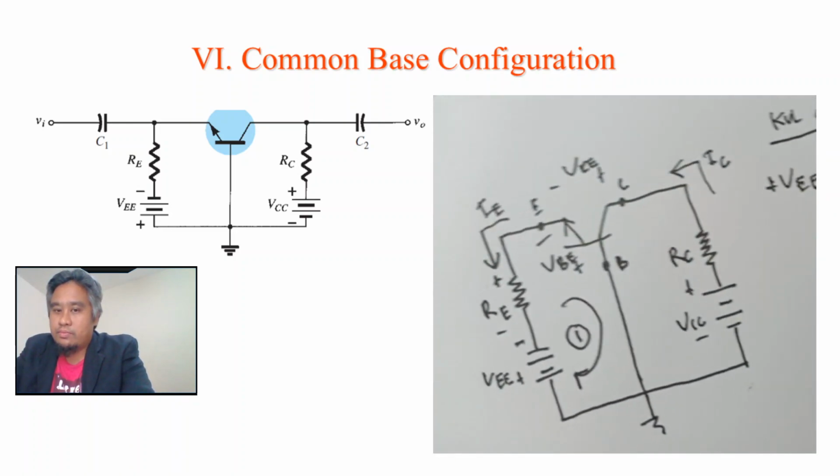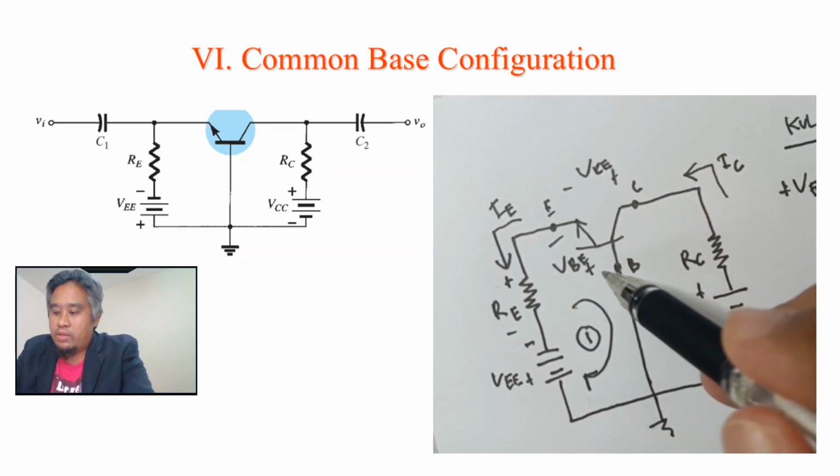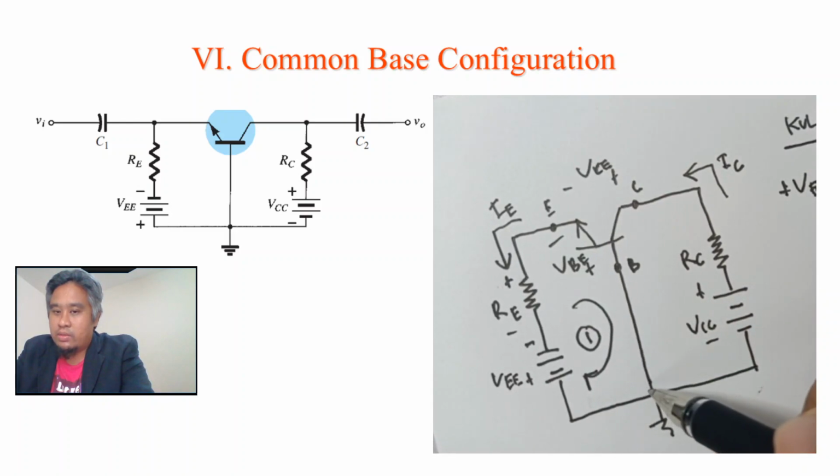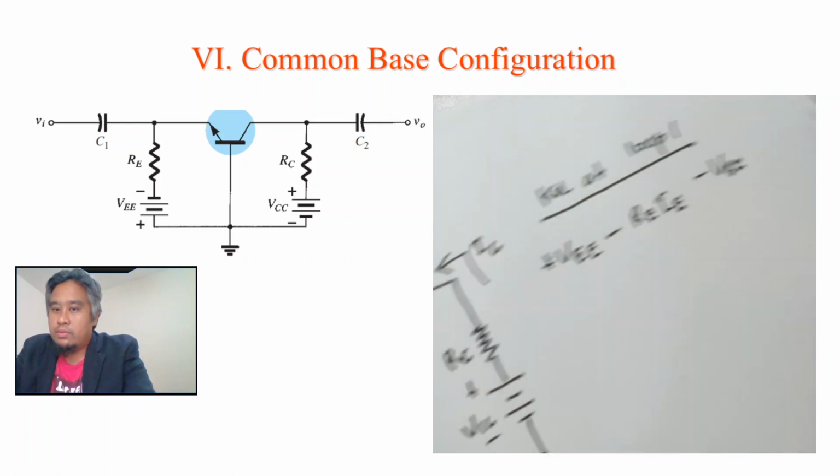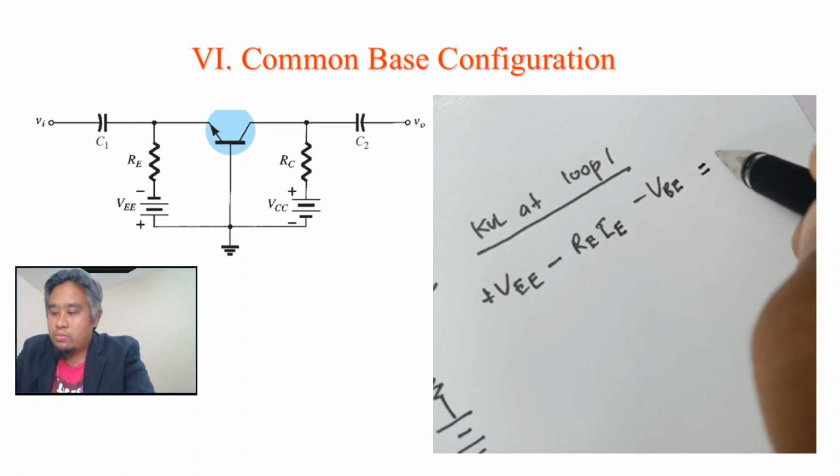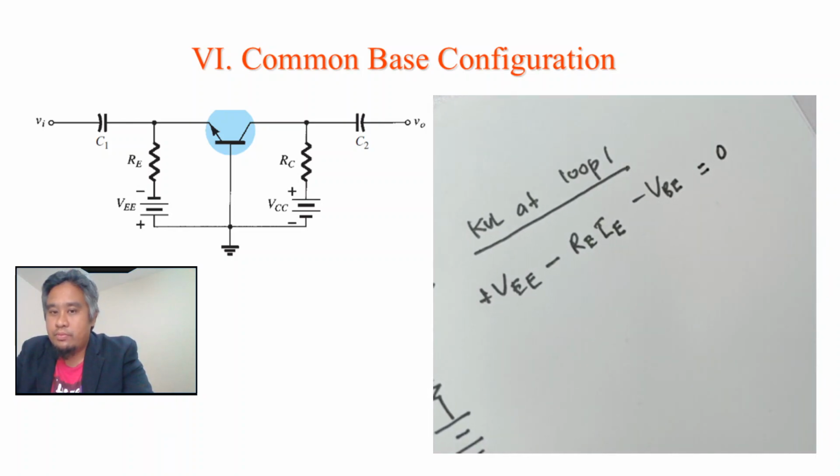The loop ends at ground, so it equals 0.